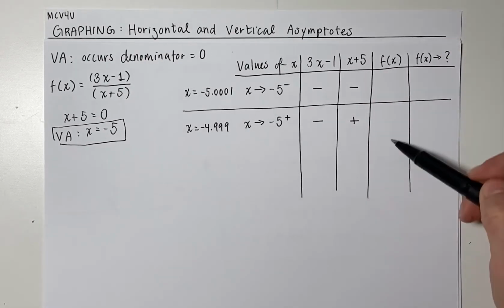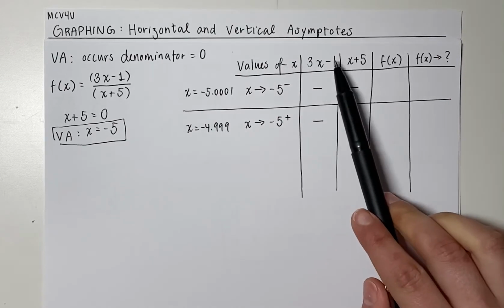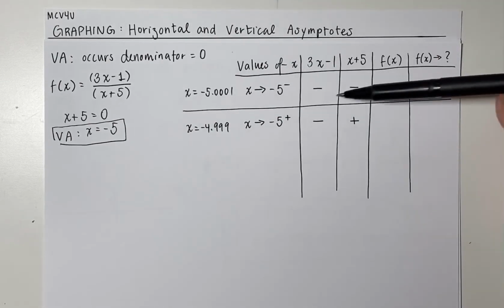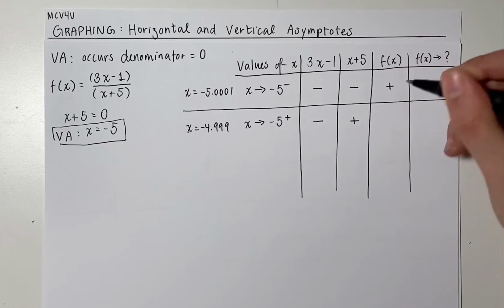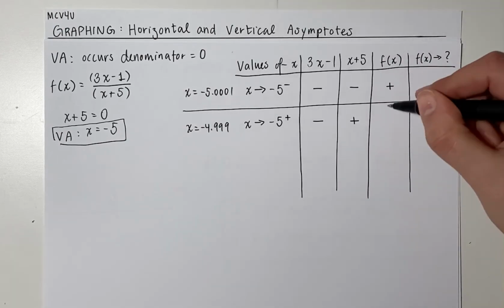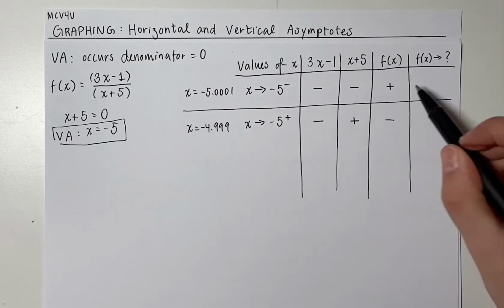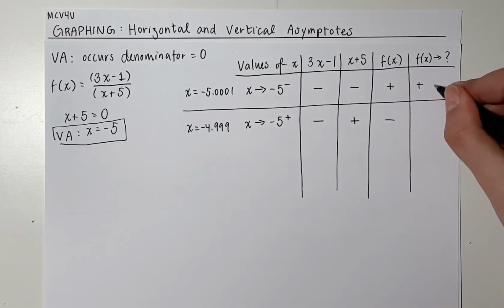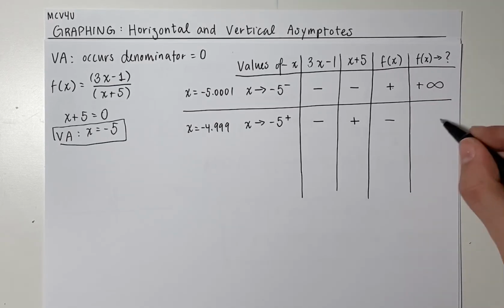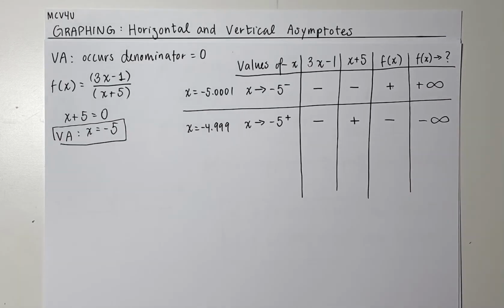Now for the overall function, since it's 3x minus 1 divided by x plus 5, negative divided by negative gives us positive, and negative divided by positive gives us negative. So this tells us f of x is going to approach, since it's positive, positive infinity. And since it's negative, it'll be negative infinity.